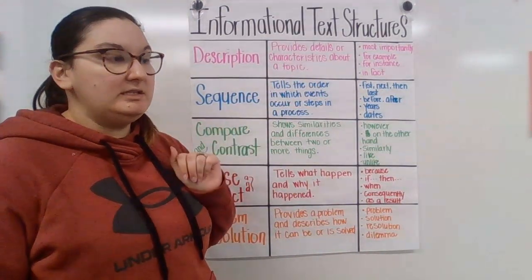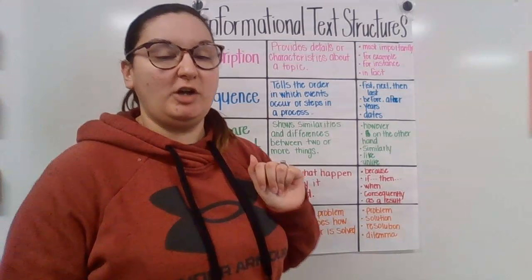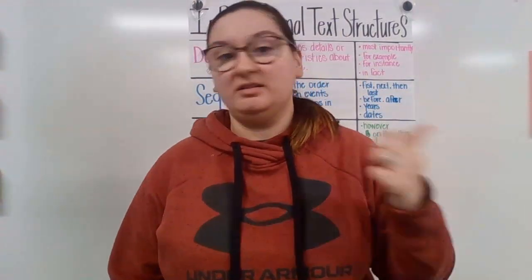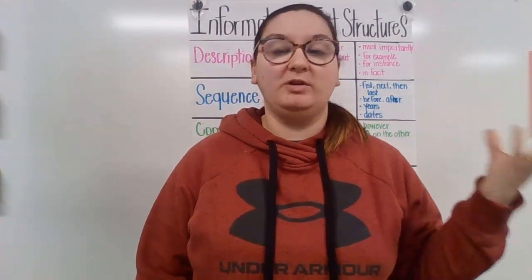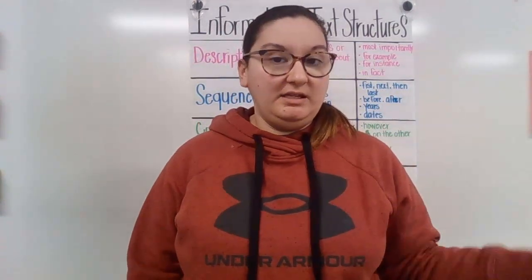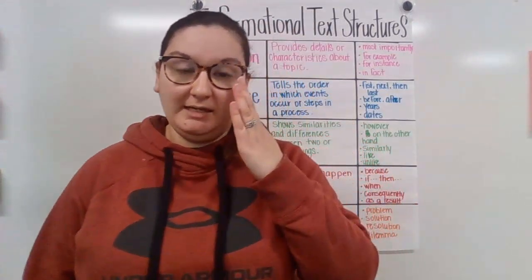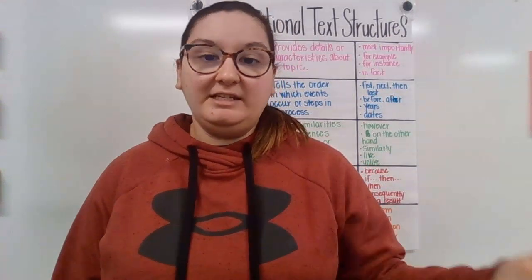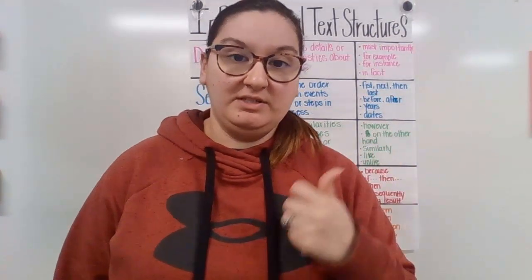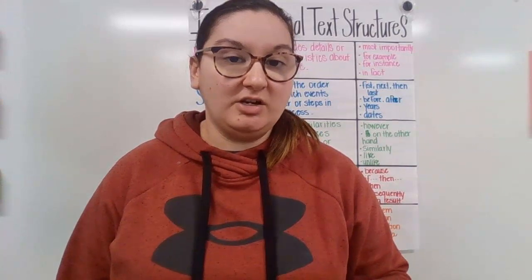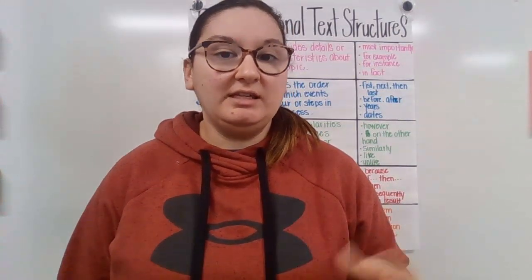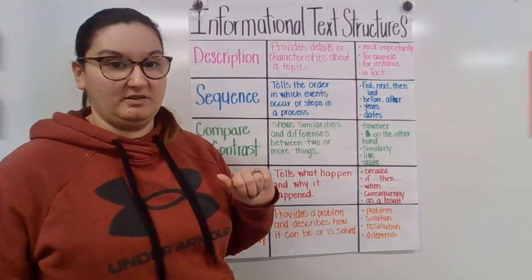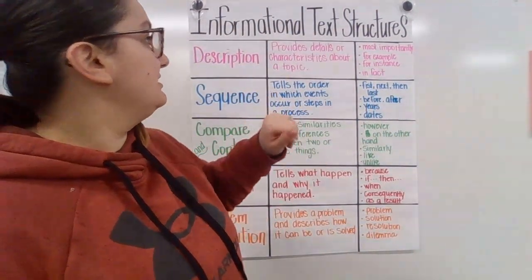For instance, if you are reading something about horses and it's just giving you details, maybe what they look like, what they eat, or maybe it's talking about a sport like soccer and describing the different positions that a soccer team has. So anything that's giving details about a topic is going to be description. It's describing that thing, details.